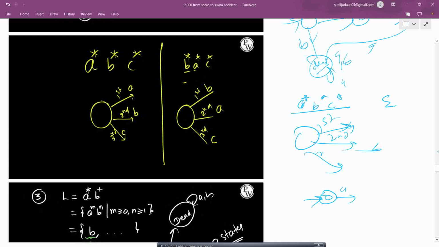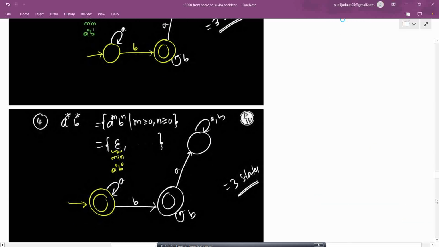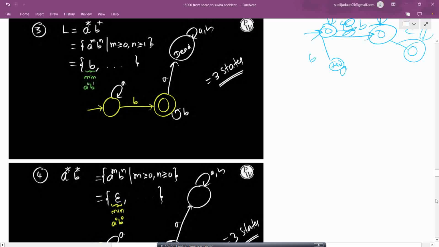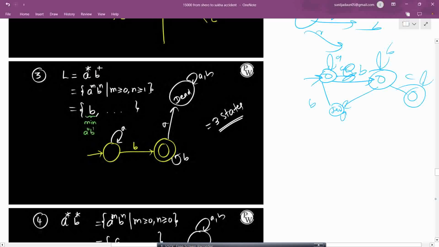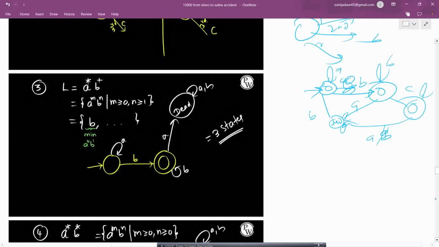If it is A we'll accept it, any number of A's we'll accept. If it is B here we'll also accept. If it is A we will go to dead state, right. B we will accept every number of B. If it is C, from here if it is A go to dead state. If it is B or A we will go to dead state. So this is how we do it.